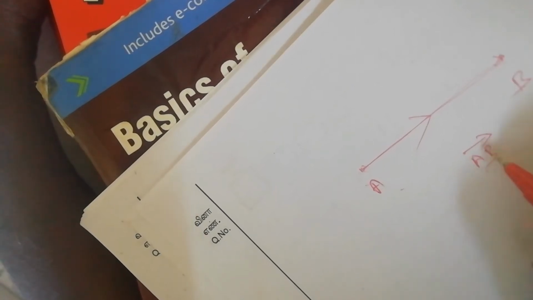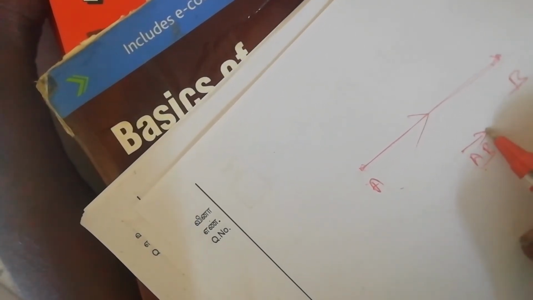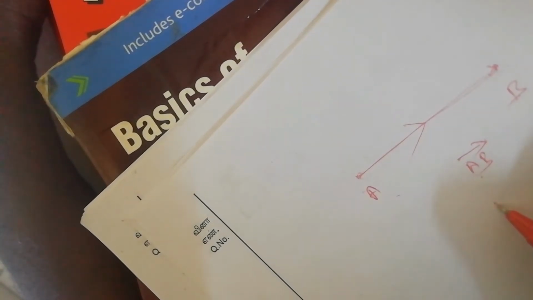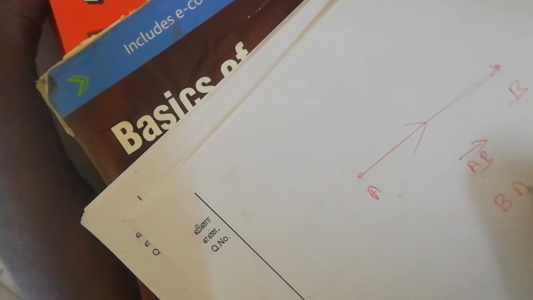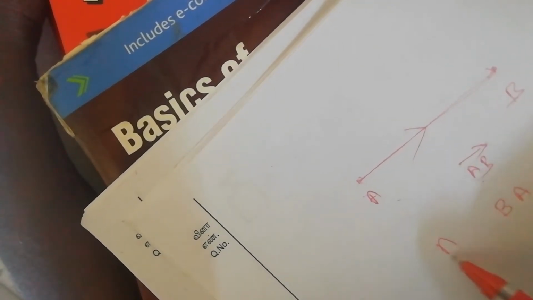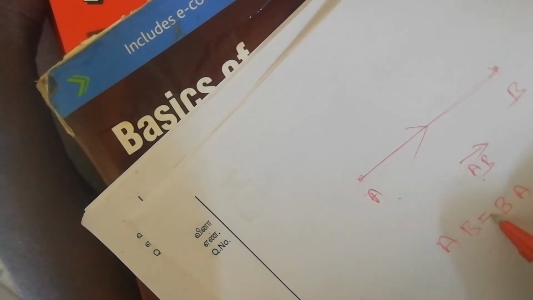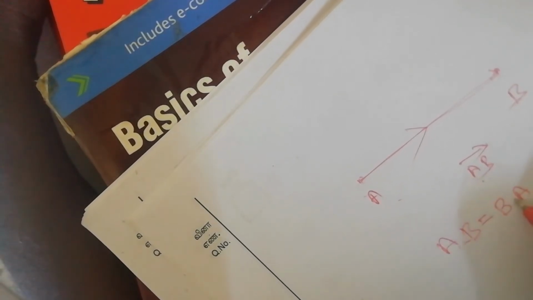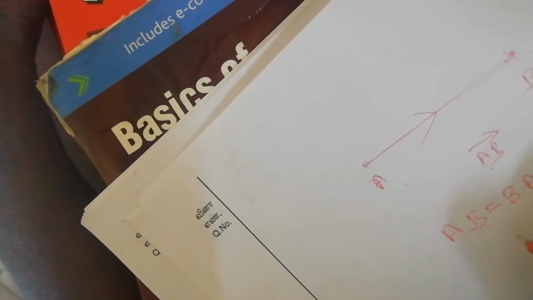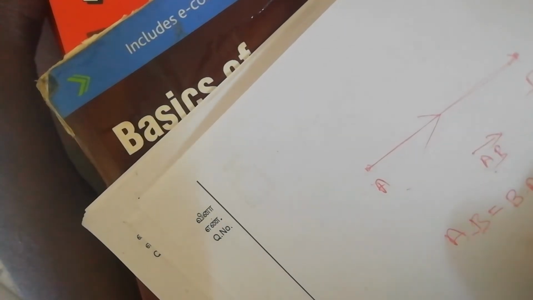This is called AB; you can read it as AB vector. If you write BA, its magnitude value is the same, since AB equals BA. The magnitude value is the same, but the vector value is not the same. What is the reason?